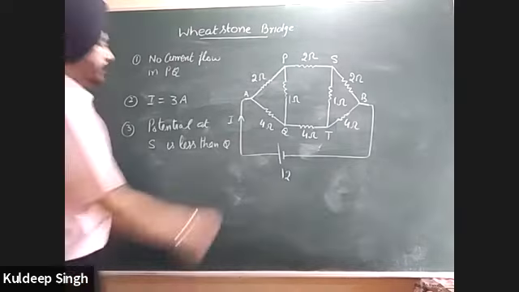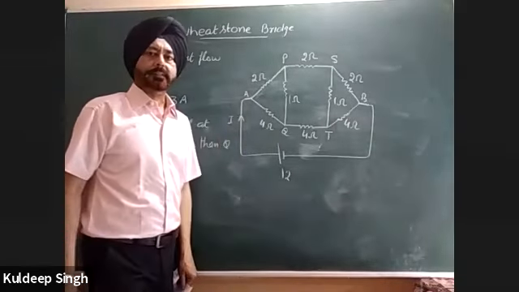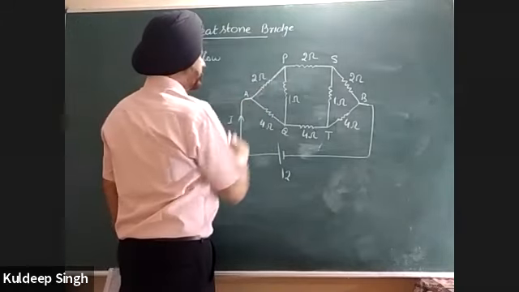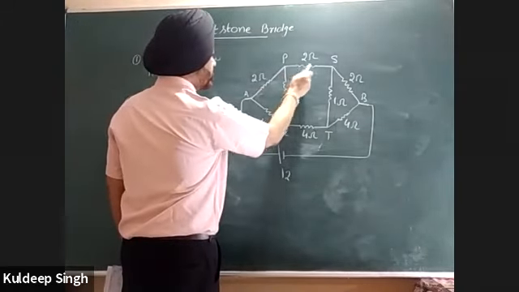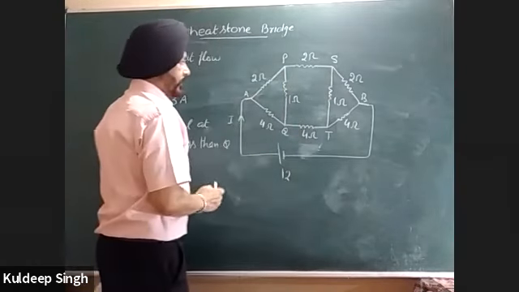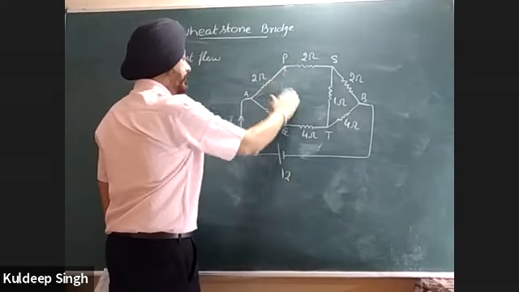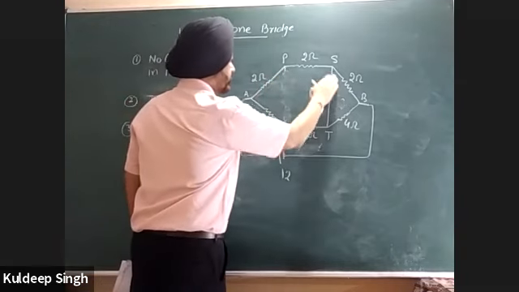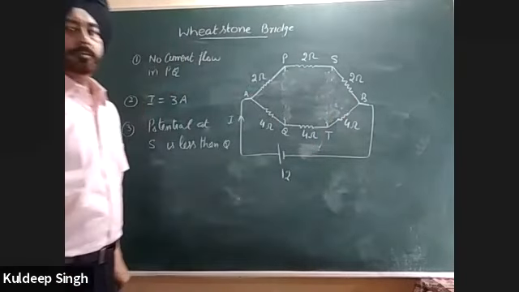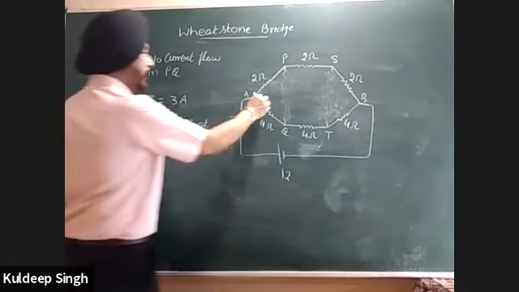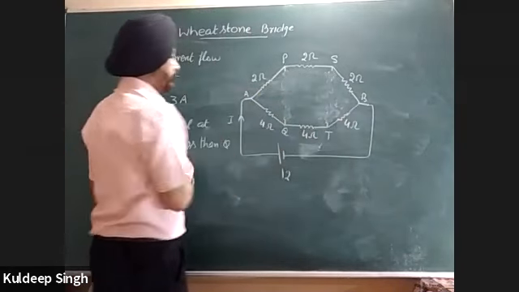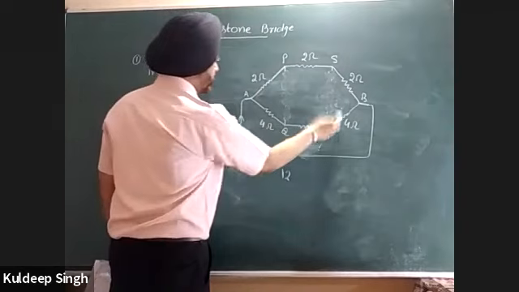So when you look at the circuit, again it is the extended form of the Wheatstone bridge. So 2 by 2 balanced, 2 by 2, 4 by 4, 4 by 4. So I can remove this one ohm resistance. Now the upper arm consists of 3 resistances, 2 ohm each, and lower 4 ohm each.